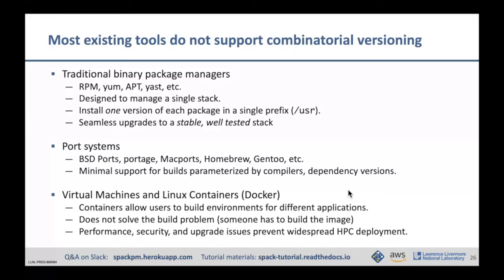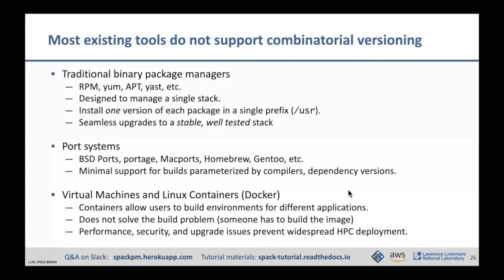And if you want to have multiple versions of a package, you have to write a bunch of separate package files for those things. So things like OpenHPC do that. They're designed to manage really a single stack. And so all the libraries, for example, are unified into one lib directory, and everything has to be consistent. That's designed for seamless upgrades to a stable and well-tested stack, one central installation, one version of everything for the most part.